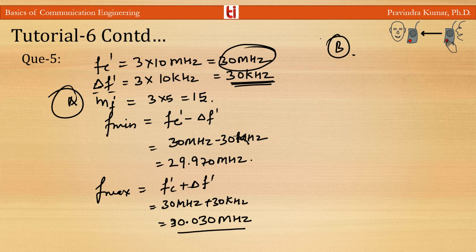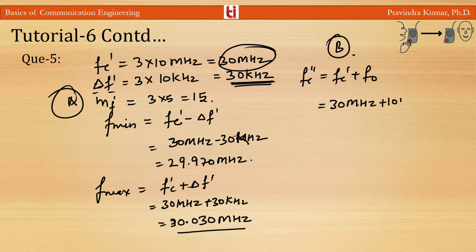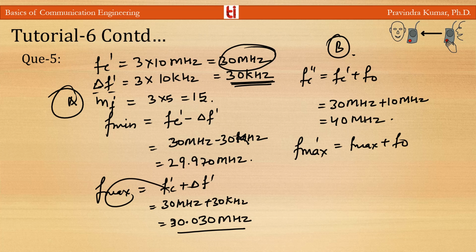And at point B, Fc double dash will be Fc dash plus F naught, and it will be 30 megahertz plus 10 megahertz, so it will be equal to 40 megahertz. And the maximum frequency F max dash will be F max plus F naught, and F max here is 30.03, so it will be 30.03 plus 10, which is 40.03 megahertz.